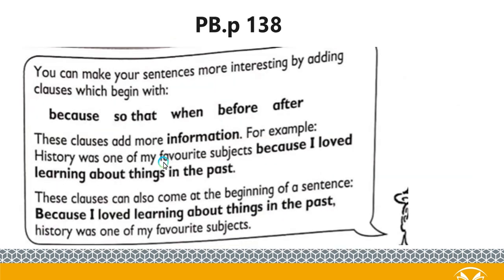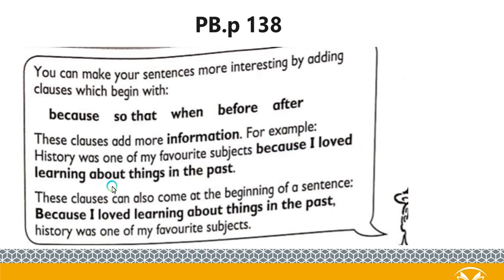Open your practice book, please, page 138. You can make your sentences more interesting by adding clauses which begin with because, so that, when, before, and after. These clauses add more information. For example, history was one of my favorite subjects. Why?